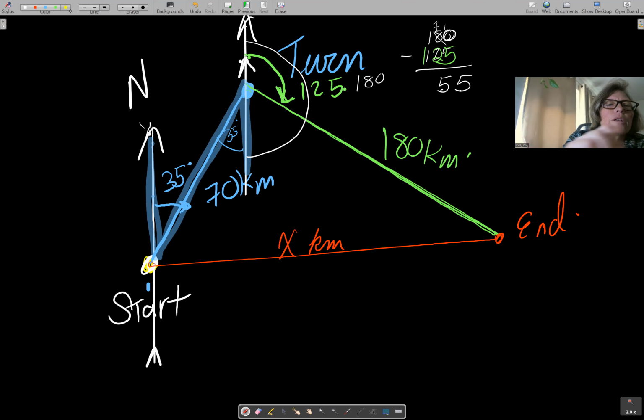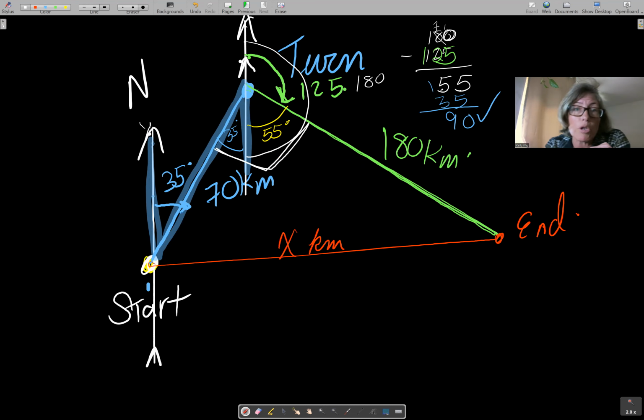So we just figured out that this angle here is 55 degrees. 55 and 35. Oh, look at there. There's our 90 degrees. So we do have a 90-degree angle right here, which means we can use standard SOHCAHTOA.